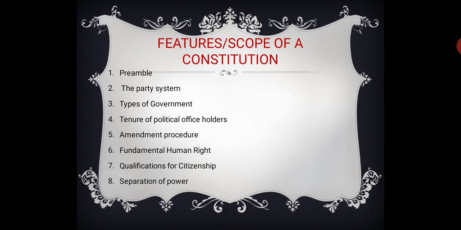Number 6, fundamental human rights. The Constitution must enshrine the basic rights of citizens in the state. Number 7, qualifications of citizens. A constitution must define what qualifies a person for a state citizenship and how citizenship of a state can be acquired.